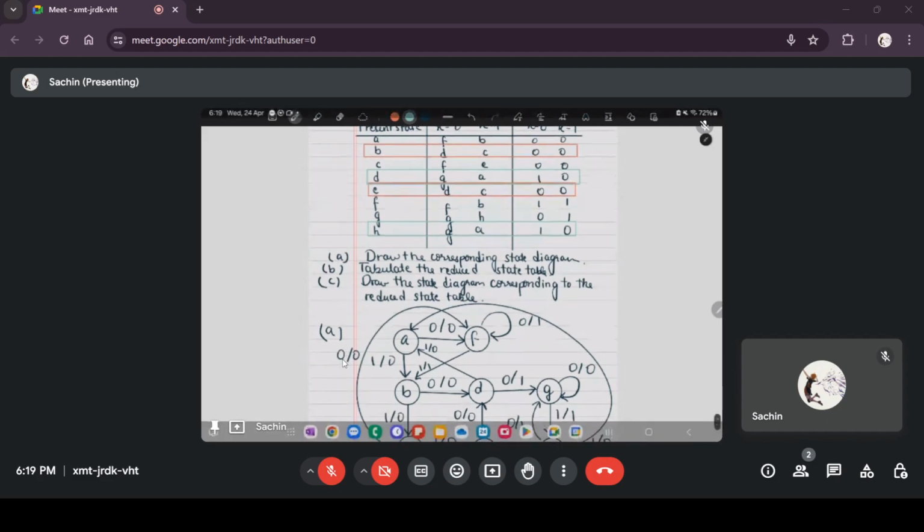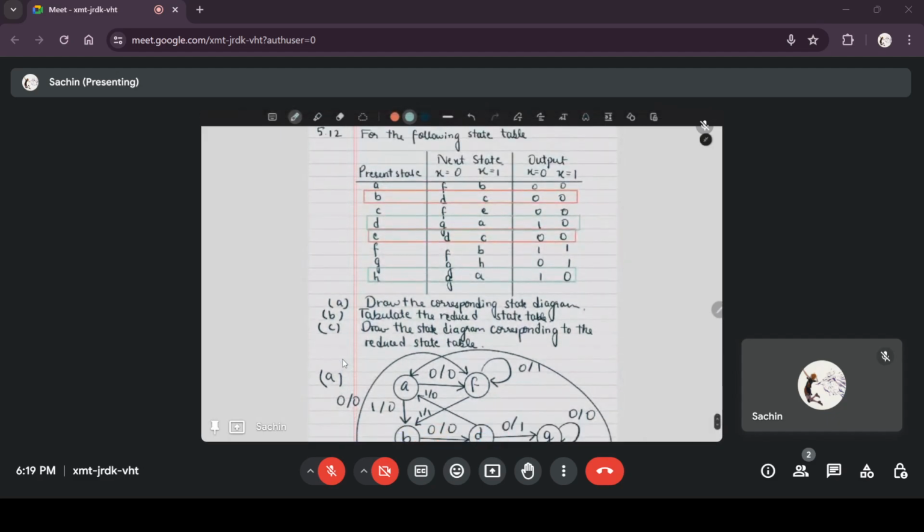So now the state table will reduce to, I'll copy this.